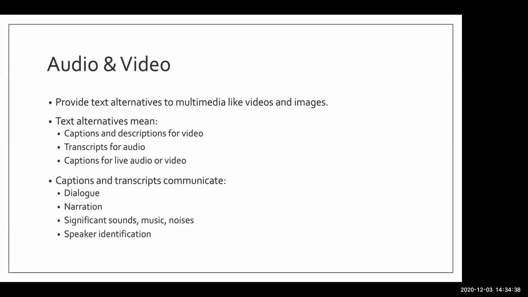Similar to how we make sure that there's alt text for images, we make sure that our audio has a transcript and that our videos have captions, right? They capture the dialogue, they capture narration, as needed. Sometimes they capture significant sounds and background as well.